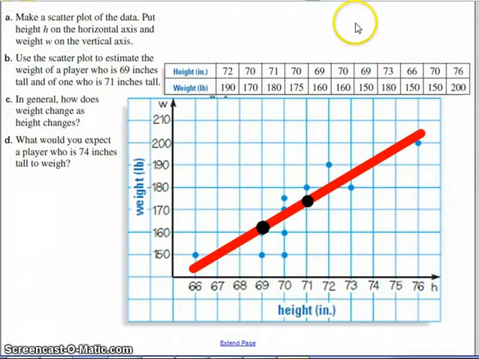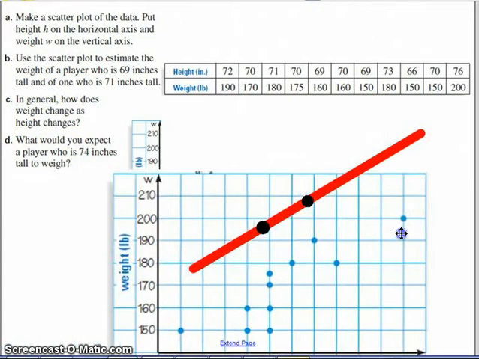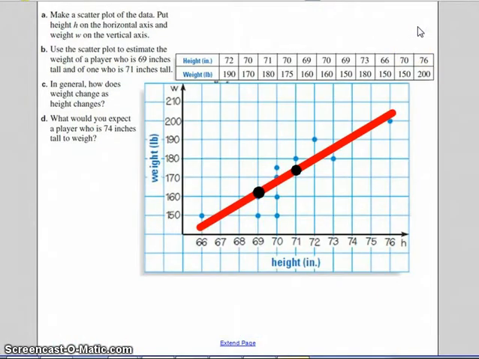So, like I'd said before, there's no guarantee that the actual data will match this best fit line. The best fit line is a general representation of everything. But it does tell you how weight relates to height. As height goes up, weight goes up as well. So if you had a 74-inch tall player, well, there's 74 inches, I would guess that that 74-inch tall player would be 190 pounds. It turns out there aren't any 74-inch tall kids, so I don't know, but I would say about 190 would be my estimate.